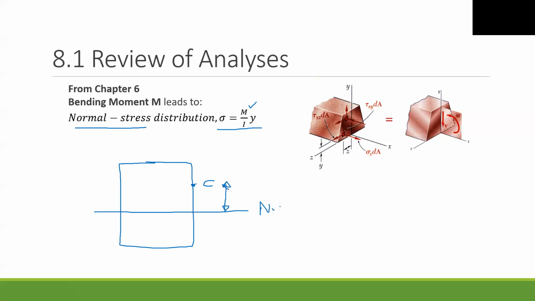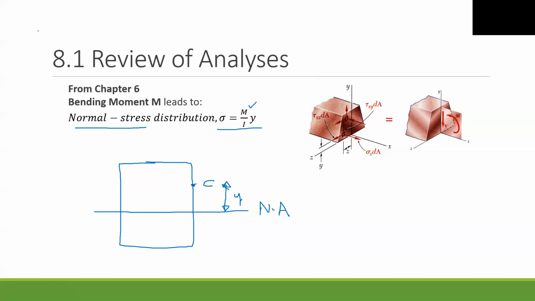This is the neutral axis, and this is point C. If point C goes to the upside, the stress increases. If your point is close to the neutral axis, your normal stress decreases.